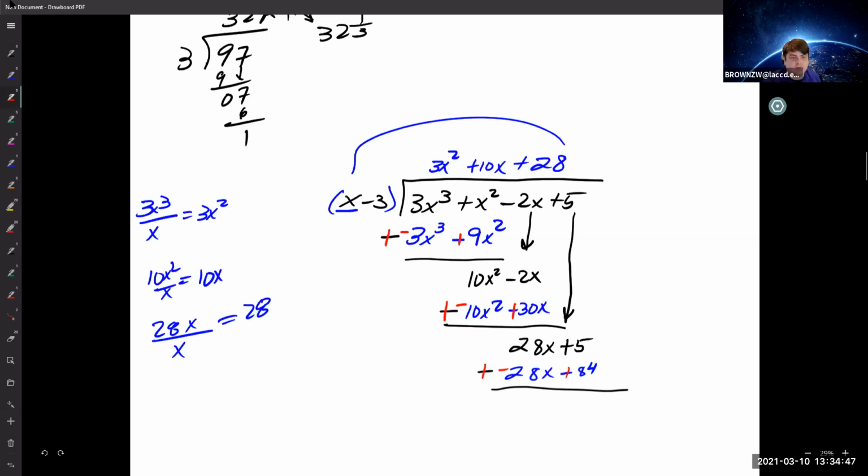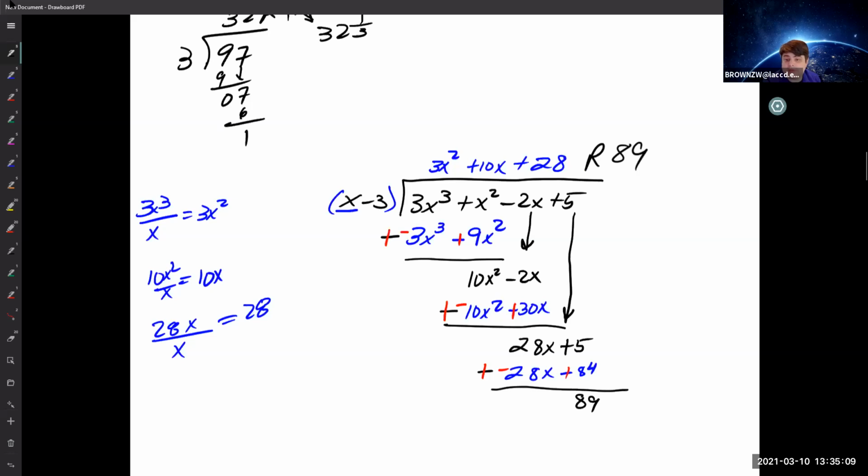So 5 and 84 leaves me with a positive 89. So x cannot go into 89. If we have 89 over x, we couldn't simplify that because there's no x in there. So this is going to be my remainder, with a remainder of 89.